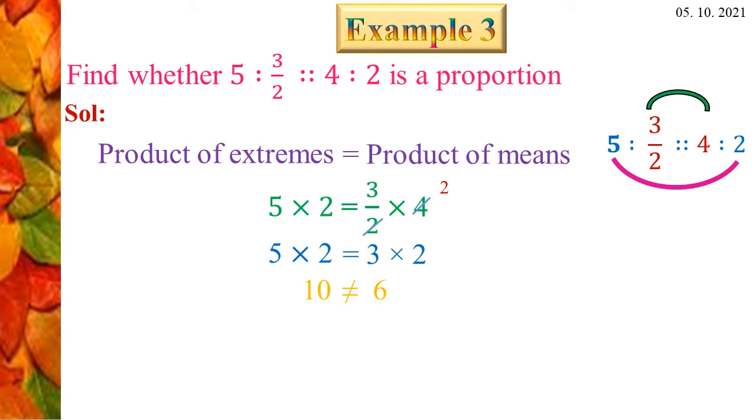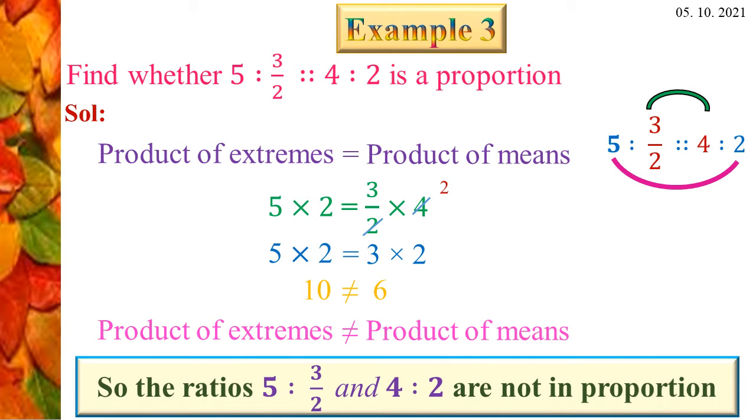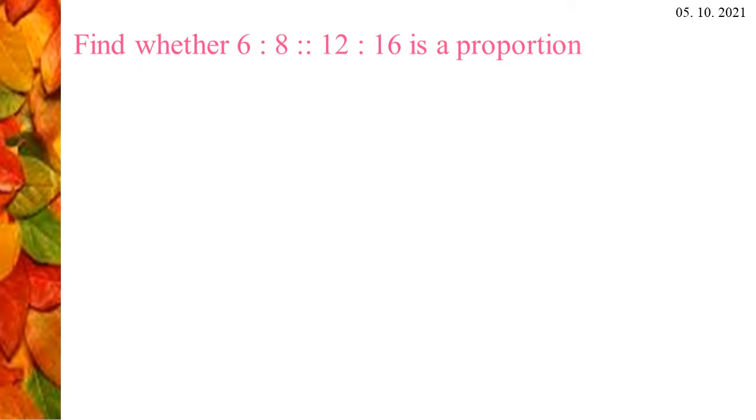We get 10 is not equal to 6. Here both values are not equal. Therefore, product of extremes is not equal to product of means. So, the ratios 5 is to 3 by 2 and 4 is to 2 are not in proportion.